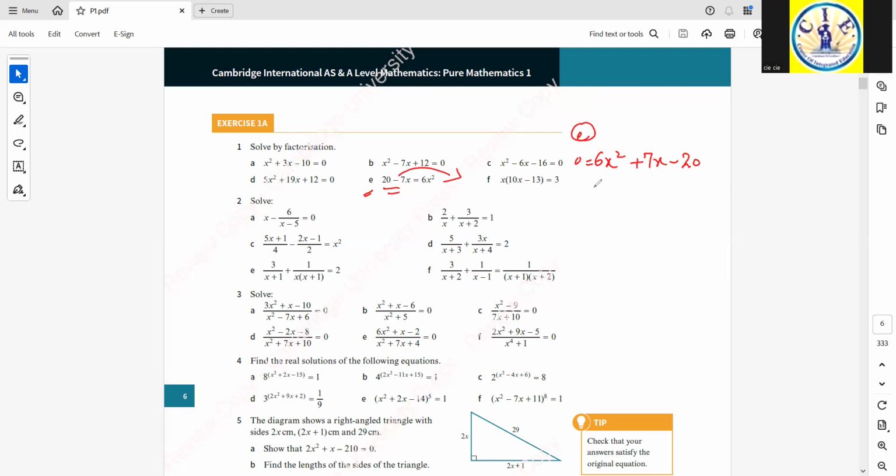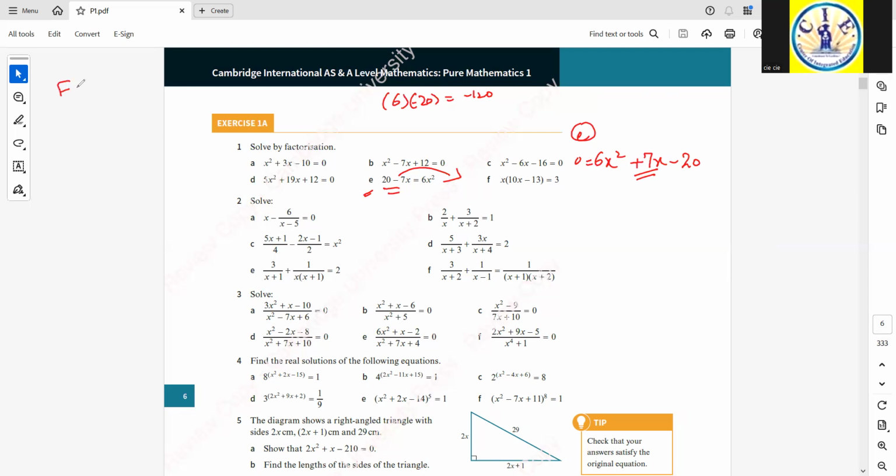So now again, I'll be adopting that procedure. First of all, I can see that nothing can be taken as a common factor from these three. So I can straight away start working like 6 times negative 20 is negative 120. Now the factors of negative 120 to yield 7.